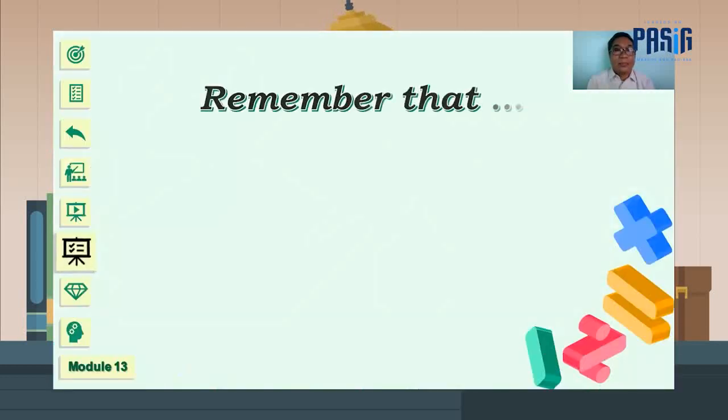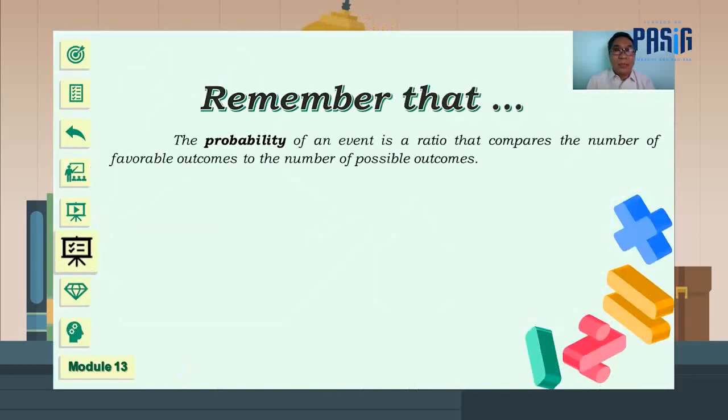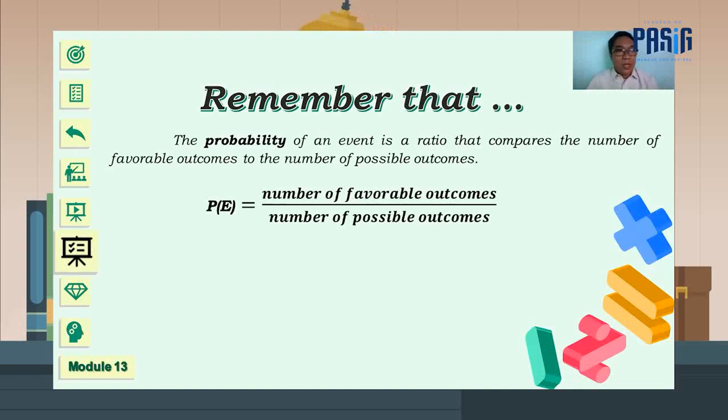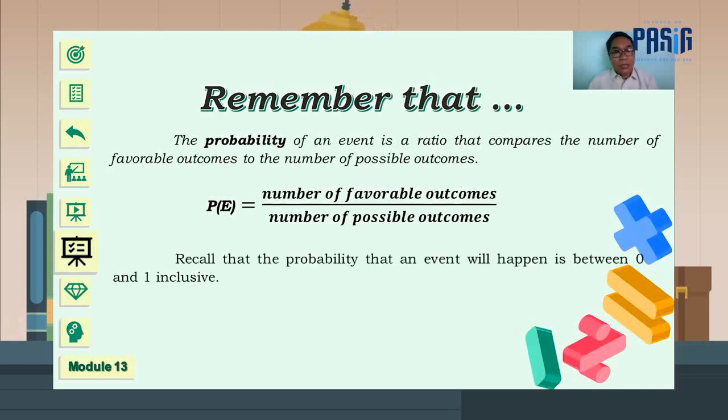So again, remember that the probability of an event is a ratio. Ratio means you are going to divide the number of favorable outcomes by the sample space. That compares the number of favorable outcomes to the number of possible outcomes. It has a formula of P of A equals the number of favorable outcomes over the number of possible outcomes.